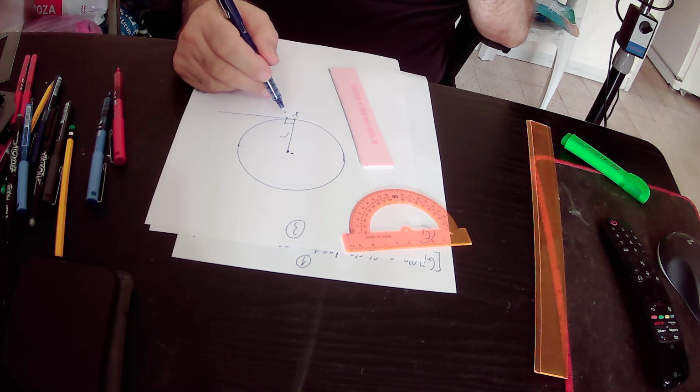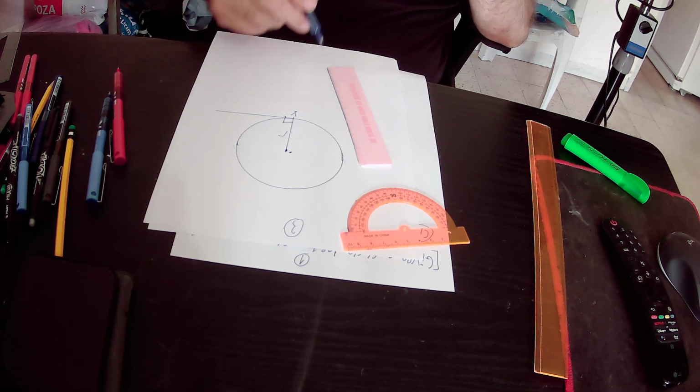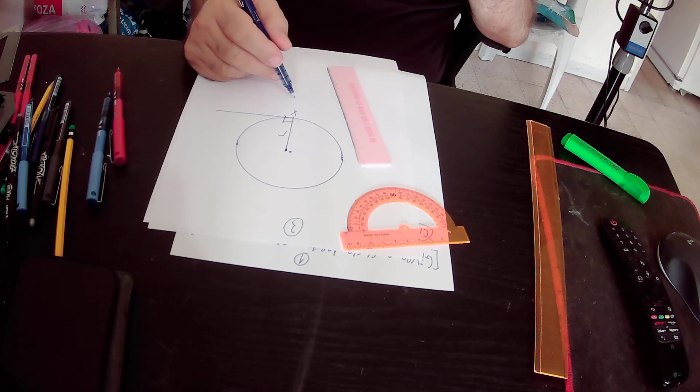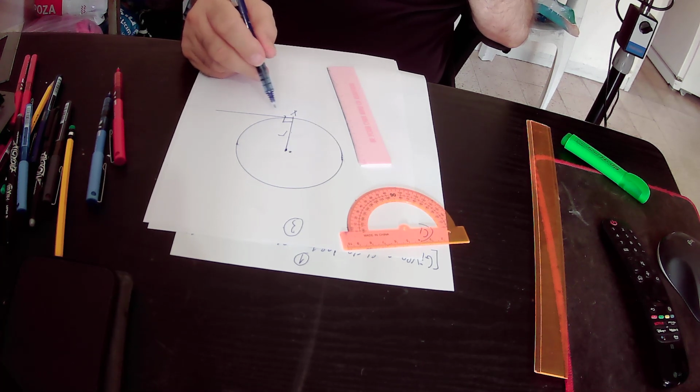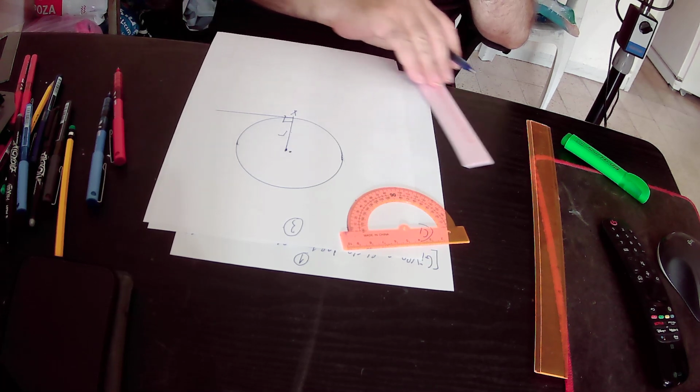Again, the radius that is drawn to the point of tangency, that is to say to point X, is perpendicular to the tangent. That is to say this angle is 90 degrees. Okay?